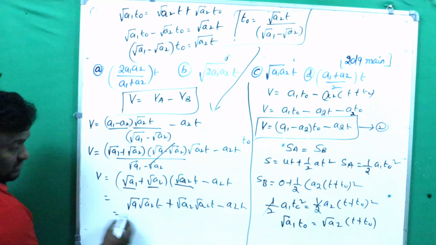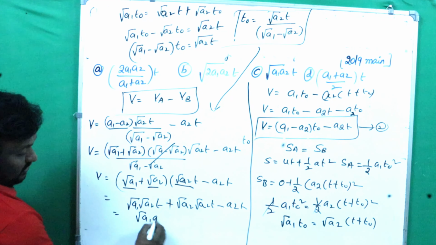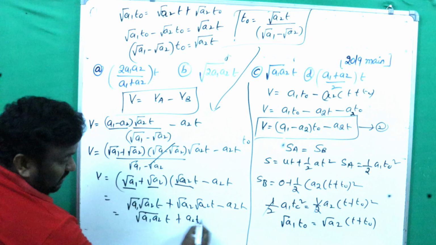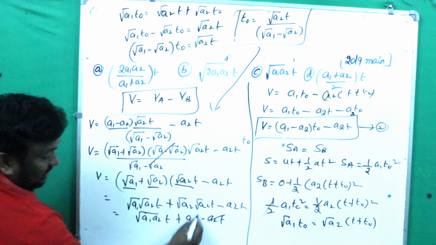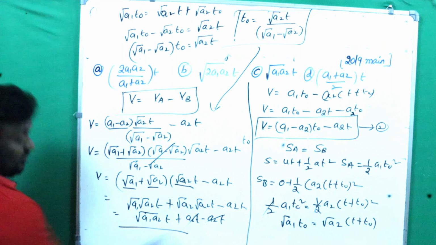Clear? So that is what here, root a1 a2 into t. Here this is root a2 into root a2 into t minus a2 into t. These two are cancelled. Then what you have, v is equal to under root of a1 a2 into t.